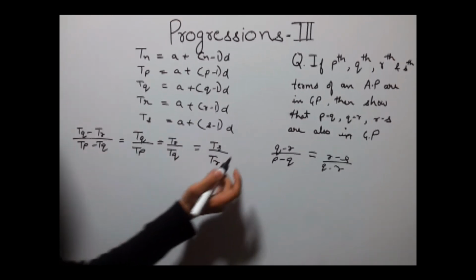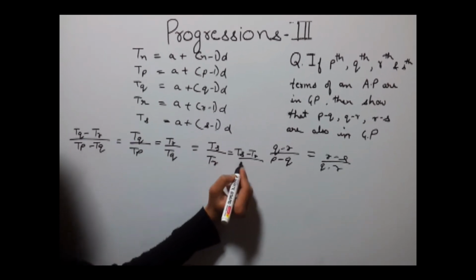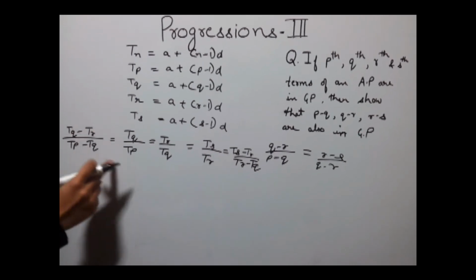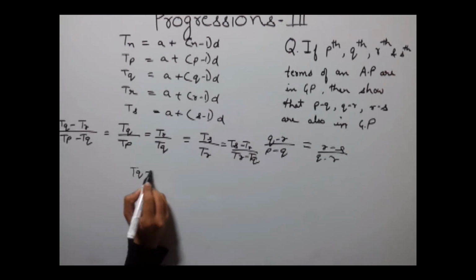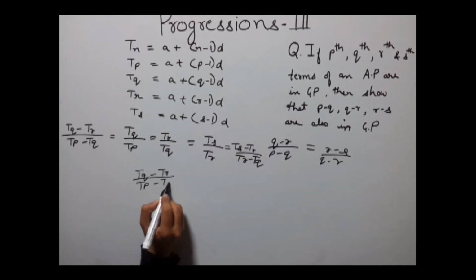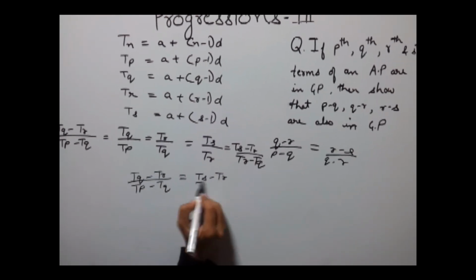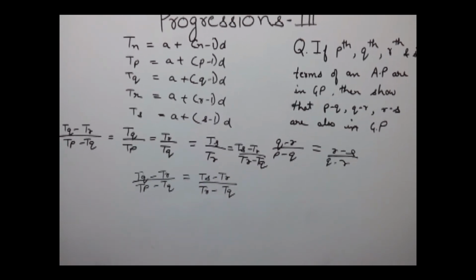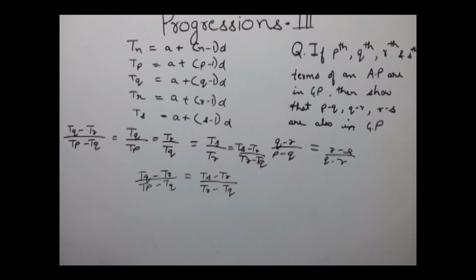Similarly, this would be equal to TS minus TR upon TR minus TQ. Now taking both these terms, that is TQ minus TR upon TP minus TQ equals TS minus TR upon TR minus TQ. Now the value of TQ is A plus Q minus 1 into D.